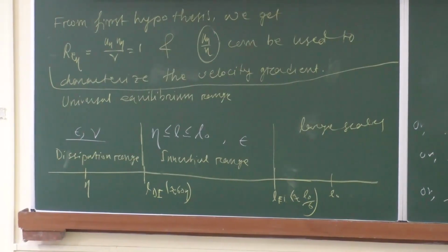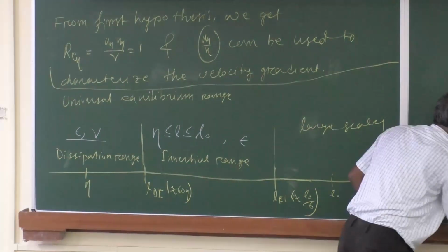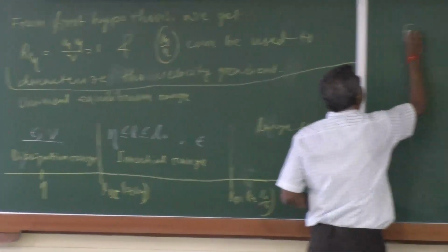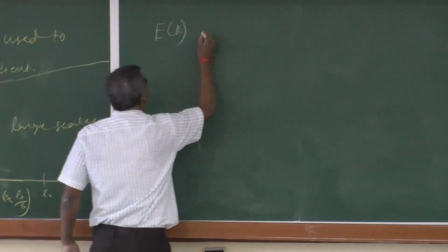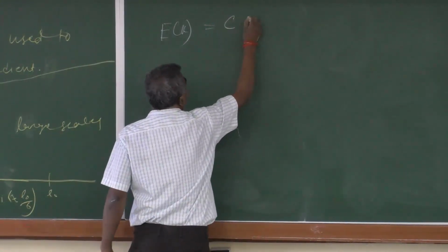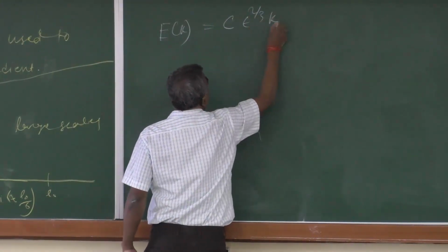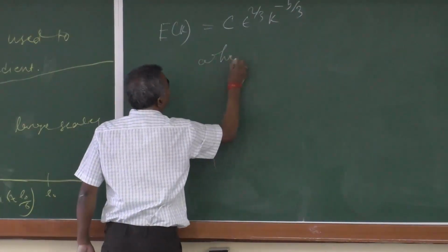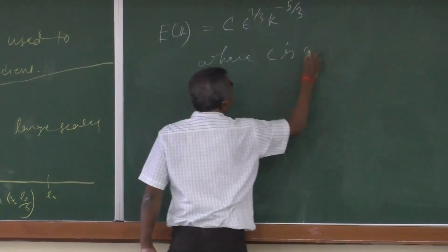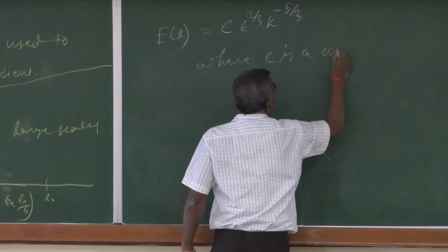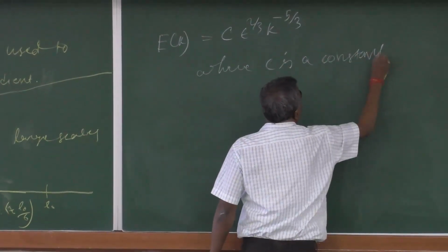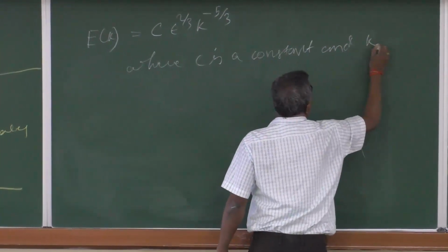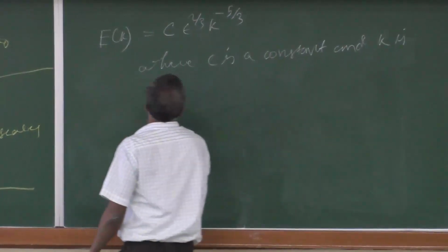So, using first similarity hypothesis, it is possible to arrive at this relation, E of k equals C epsilon to the 2/3 k to the minus 5/3, okay, where C is a constant and k is wave number.